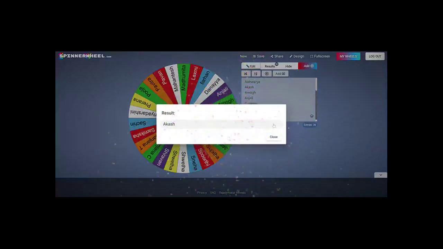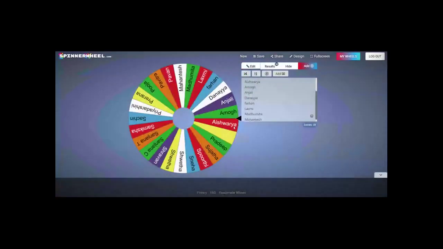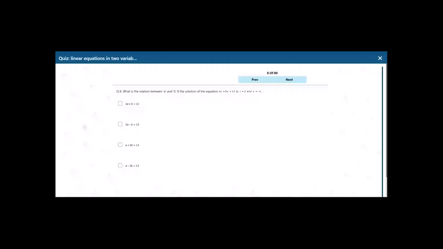Akash? Akash is there? Yes, ma'am. Akash, you have to answer this. What is the relation between a and b if the solution of the equation ax plus by equal to 13 is x equal to 2 and y equal to -1?